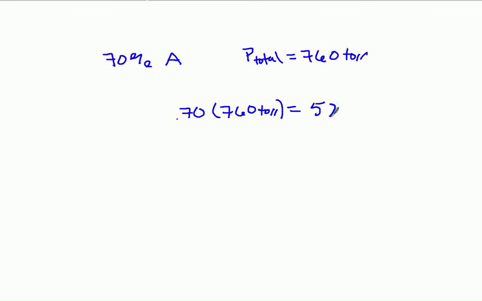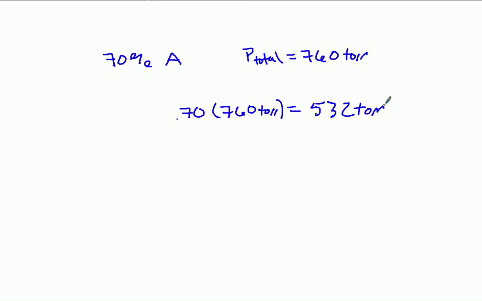I'm not really worried about rounding right now, doing this problem specifically, because I don't really feel like worrying about sig figs. The 70% that I gave you before only has one sig fig in it. I probably won't want more than that in an answer like this. So it depends on the problem. You will actually round things later. But in this case, I know that 532 torr came from gas A.